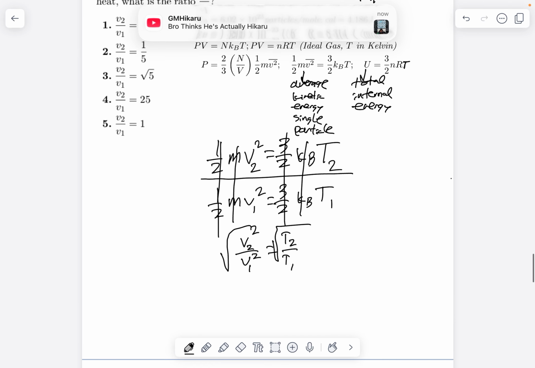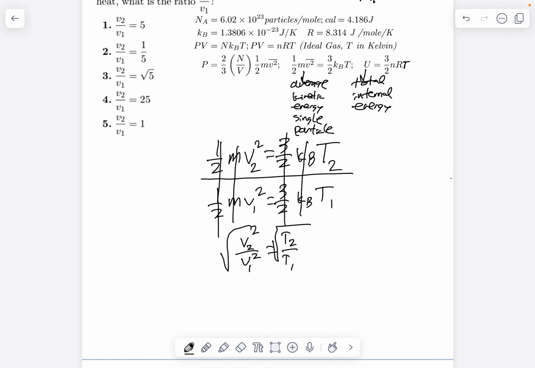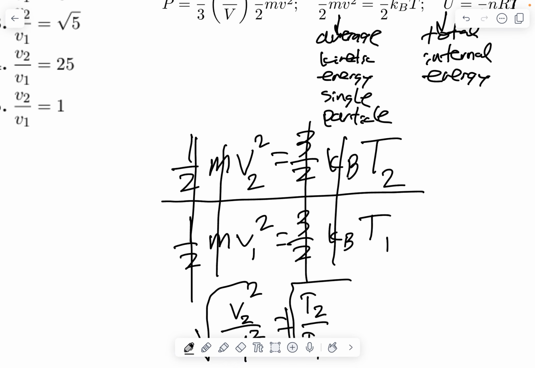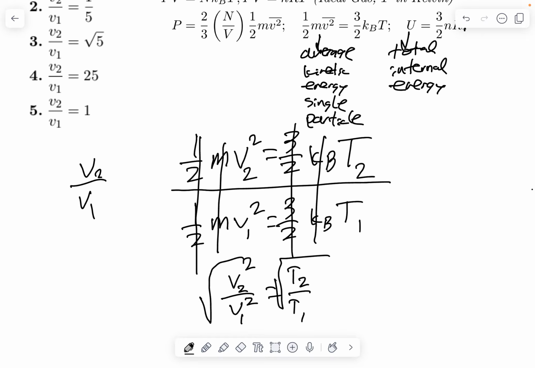But whatever way makes sense to you is the one you should use. If you are not comfortable with dividing 2 equations, you can just solve for velocity individually and then get your ratio as your answer. But if you are comfortable with the algebra of dividing equations, then you can just divide your equations and get the ratio and then just plug in the numbers.